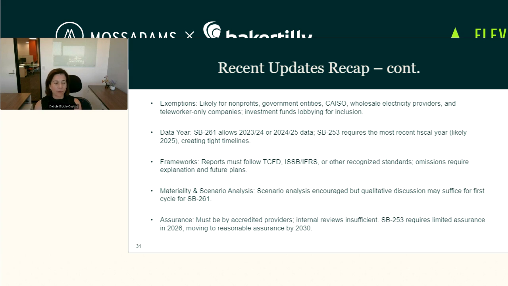But we are seeing more and more finance and accounting departments playing an important role, the main reason being they really understand what it means to have well-controlled reporting that is subject to regulation. They may not be the sustainability specialists or experts, but they certainly know how to run a reporting process. That's a really important skill set to pull into the conversation. So not one right answer. It can be various different places, but it really does depend on your structure and who has the appropriate skill set.